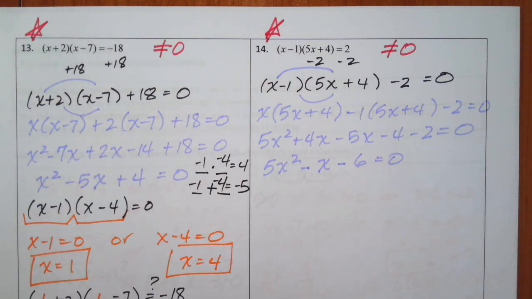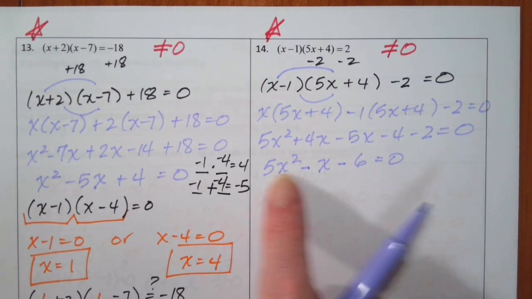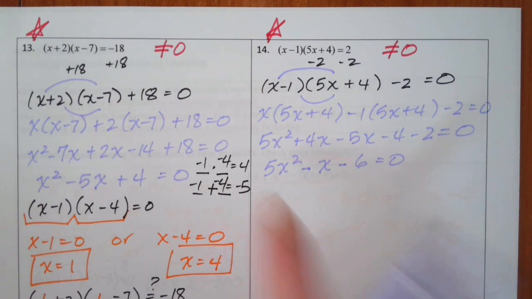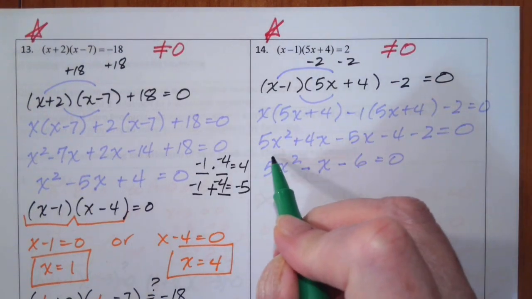Okay. 3 terms, no GCF. This throws me into a bit of a tizzy. So what I'm going to do here now to factor this, I have to multiply.